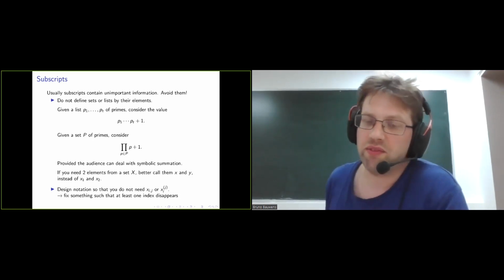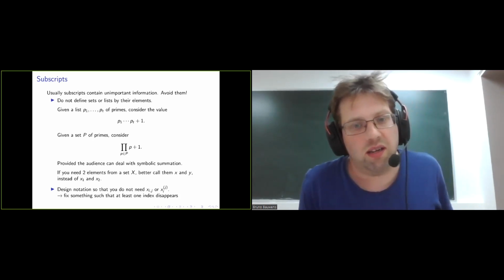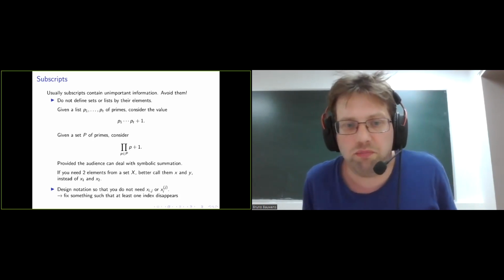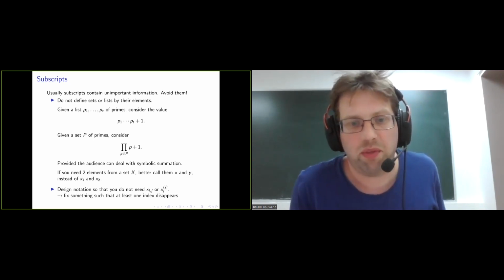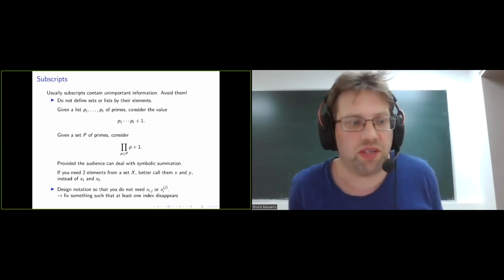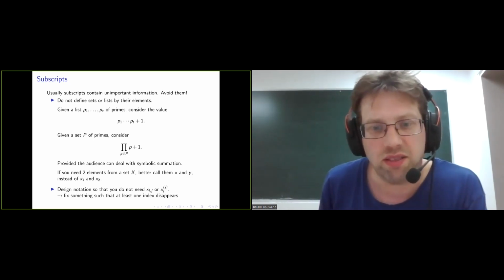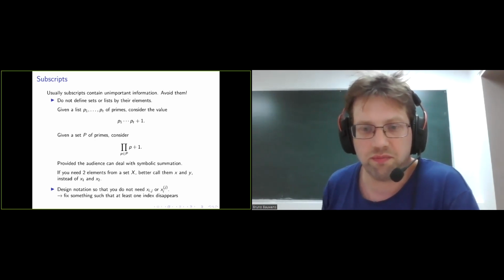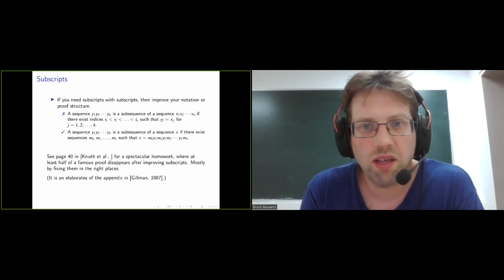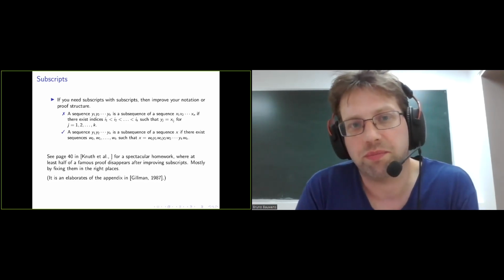And then if you have double subscripts, in my experience, in most cases you can remove at least one of them by fixing something somewhere in the proof, or even by restructuring the notation a little bit. The worst is double subscripts.